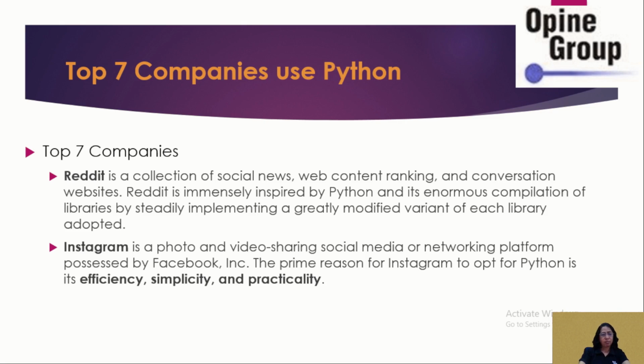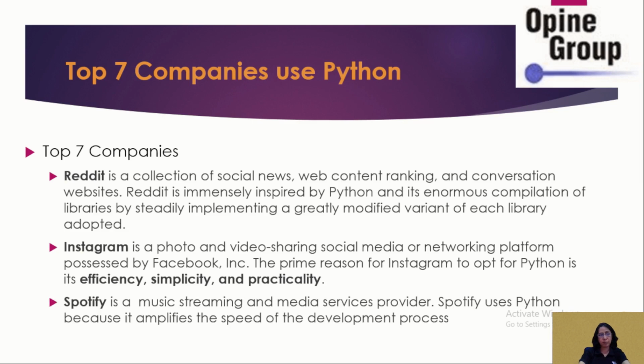Instagram, all of us are using photo, video, Facebook. Then they are also using machine learning. They are also using image processing. Spotify is also using Python because the speed of development of the entire application is very fast, and it helps a lot in music streaming.